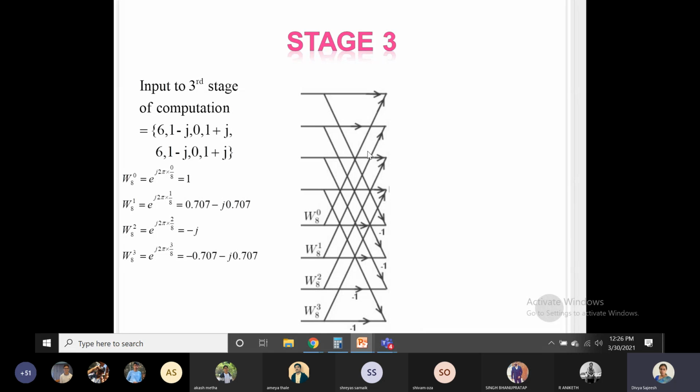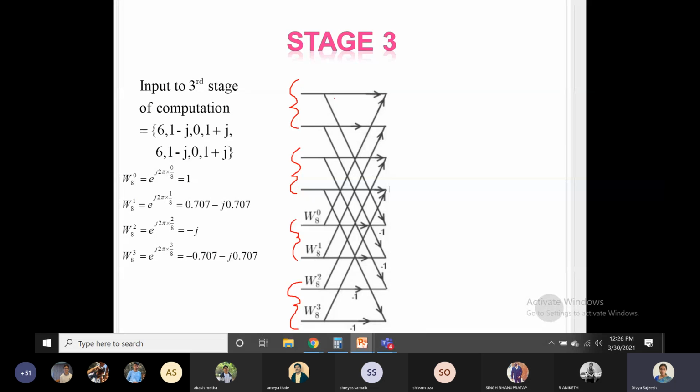You can see here I have taken 4. This is one of the 2 input butterflies. Then this is like that. I have taken 4 such butterfly diagrams, and they are clubbed together to obtain an 8 input butterfly.